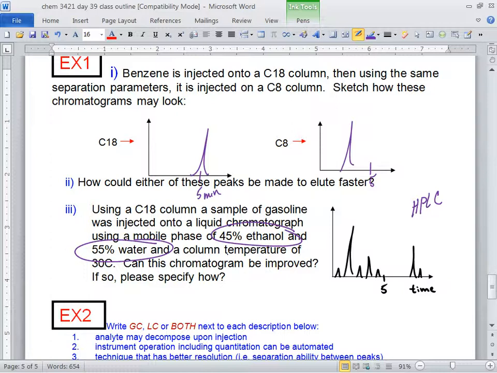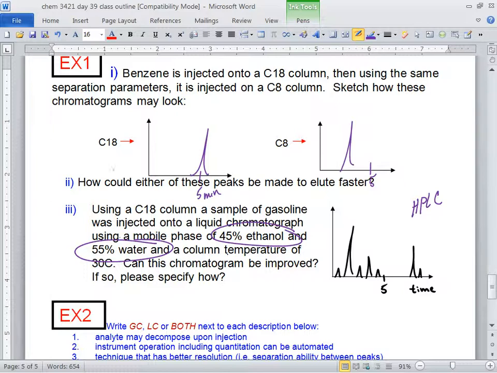So at 5 minutes, since this is all okay, I'm going to change this mobile phase composition to what? You could make it all ethanol. You couldn't get it more organic than that, right? You don't know, you just try it. But that's the direction you've got to go. You up the ethanol, down the water, right? So 85% ethanol, 100% ethanol, whatever. Just pick a number that's bigger than 45% and try it.